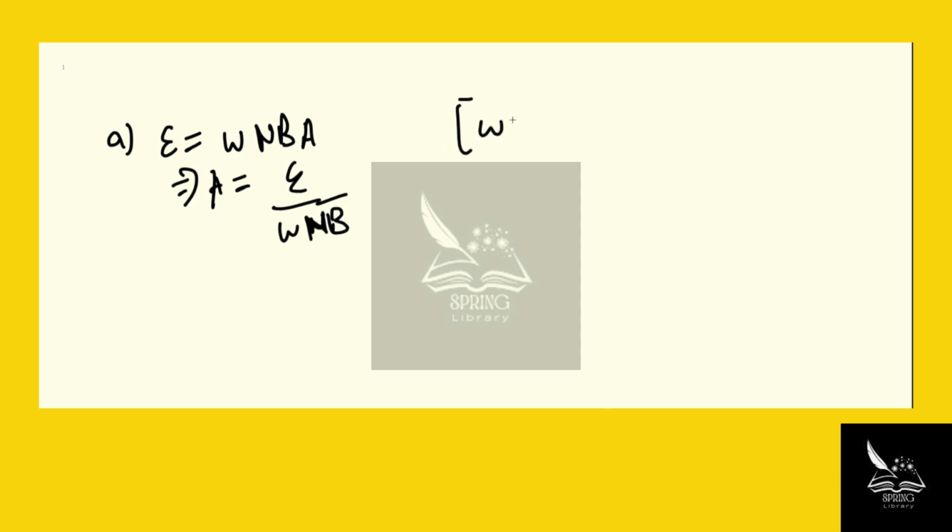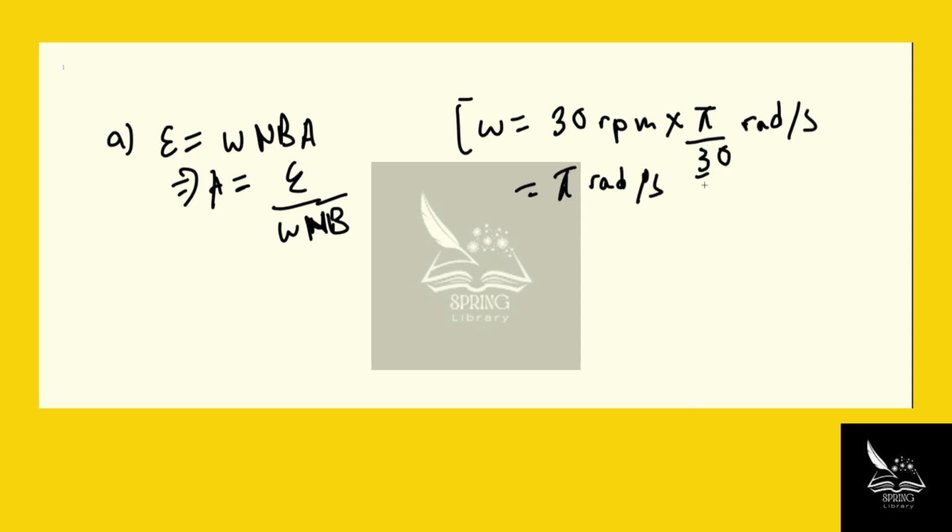Remember, omega is 30 RPM, revolutions per minute. You multiply that by pi over 30 to convert that to radians per second. So omega is pi radians per second. In other words, it's 3.142 radians per second.